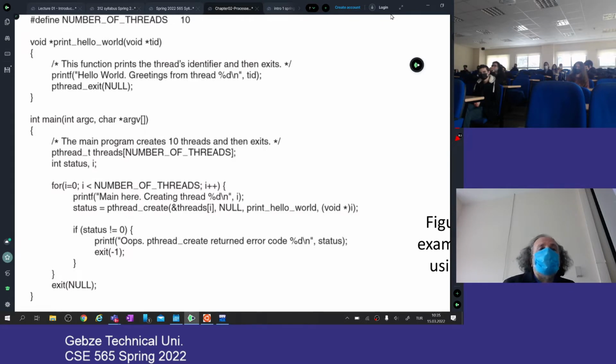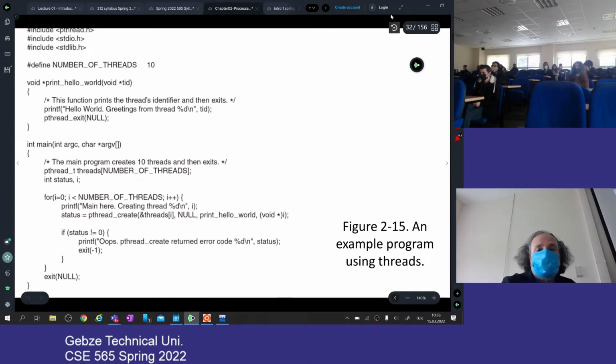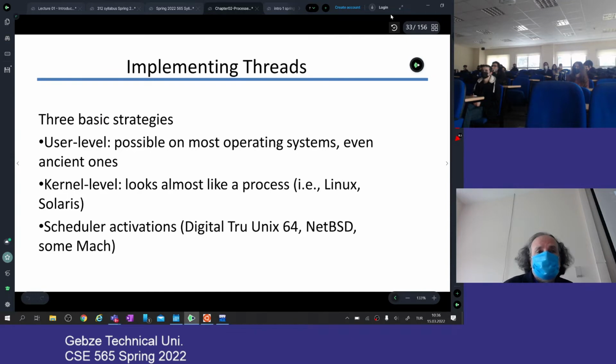Well, if you are communicating between two threads using the same common memory location, that is going to create problems, and we call those problems race conditions. We are going to look at those race conditions for most of this chapter.